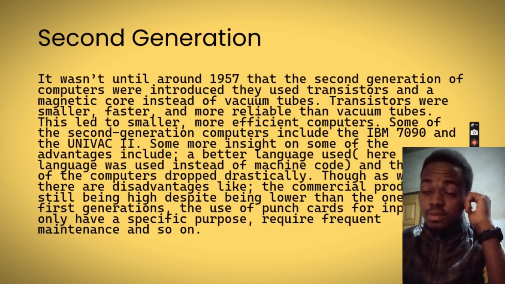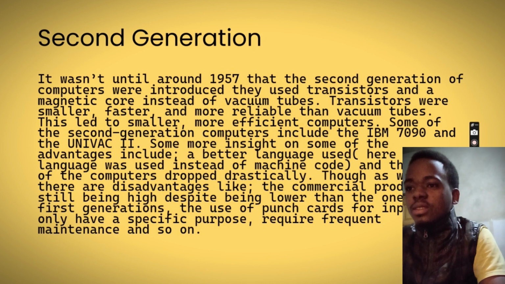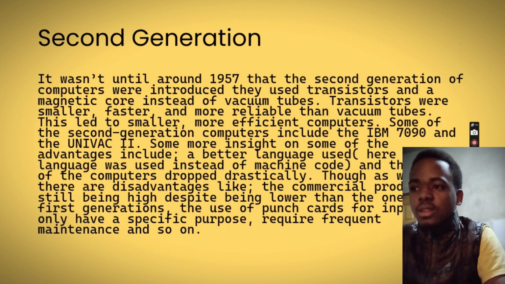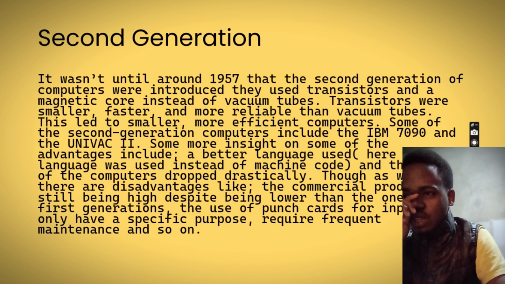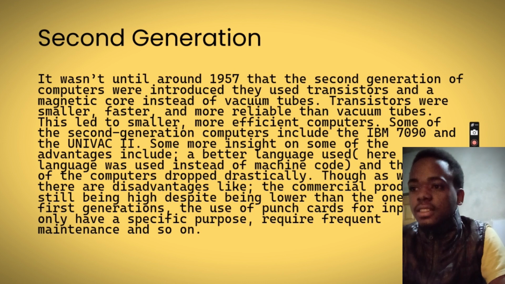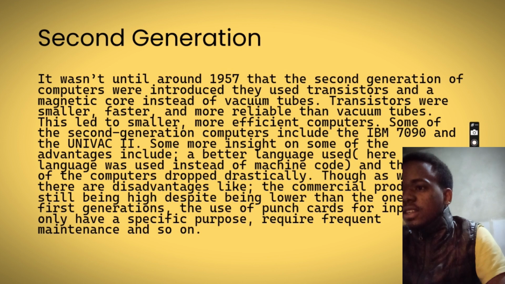Now, the advantages of transistors, of course, include that they were smaller, faster, and more reliable than vacuum tubes. This led to smaller and more efficient computers. Some of these include the IBM 1790 and the UNIVAC 2.